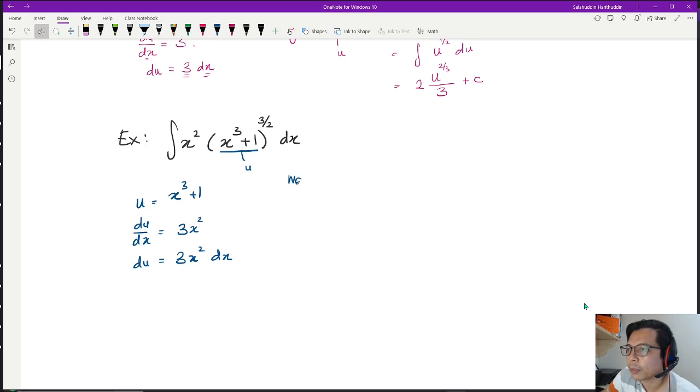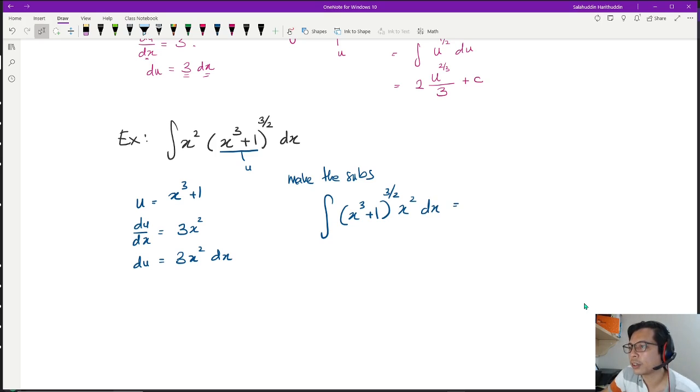Again, make the substitution. I'm going to write it this way: x cubed plus 1, and then I put x squared here, dx, to make it clearer. Now we know that inside here we can replace it with u. Now outside here, this is not as straightforward as before. We get this 3 here.